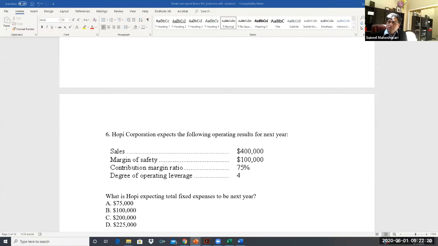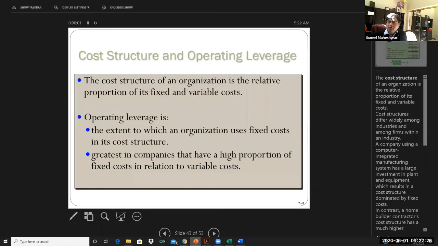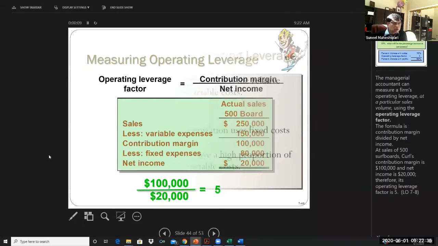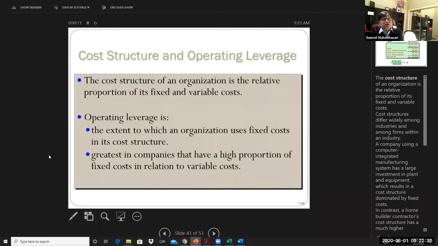Now, when we talk about operating leverage, we talk about the relative proportion of the fixed cost and the variable cost in the cost structure.